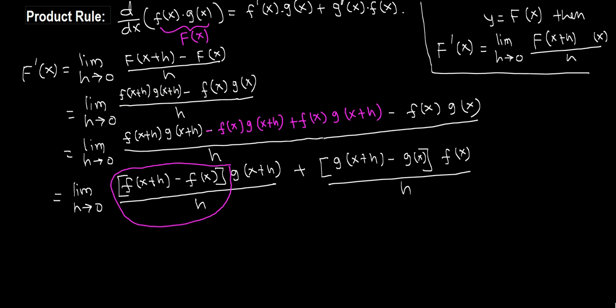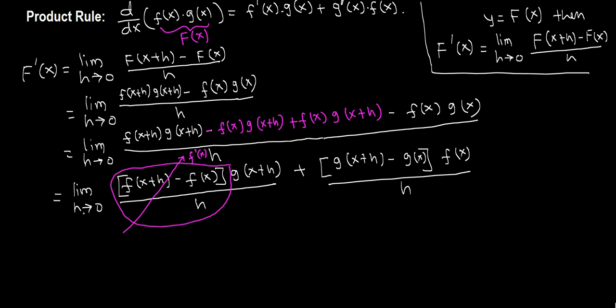Okay, that was uppercase F. But if we replace uppercase F by lowercase f, then that will be lowercase f prime of x. So we have the same situation here. This whole fraction, when we take this limit, this thing goes to f prime of x.